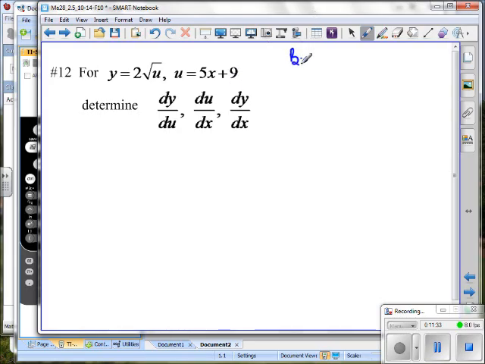Can you build a composite function from those? Would you know which one is the inside and the outside just from looking at this? Which one is it here? Which one's inside?